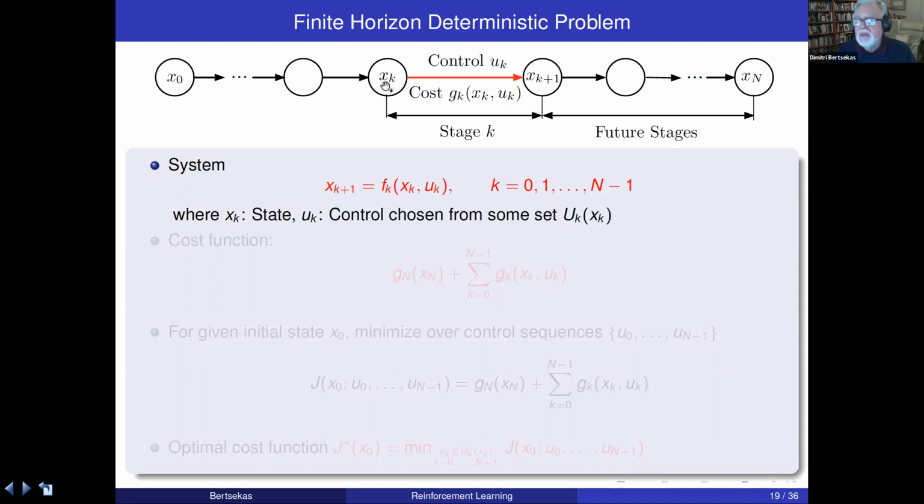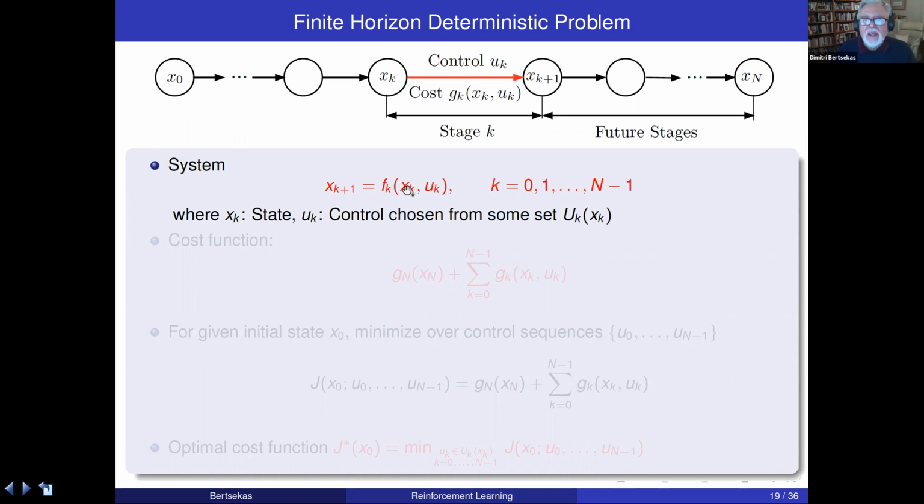At the typical stage, k, we are at a state xk, and then we apply a control uk out of a given set, and a cost that depends on the state and the control is incurred, and there's a transition to a new state, which is deterministic, according to an equation like this.